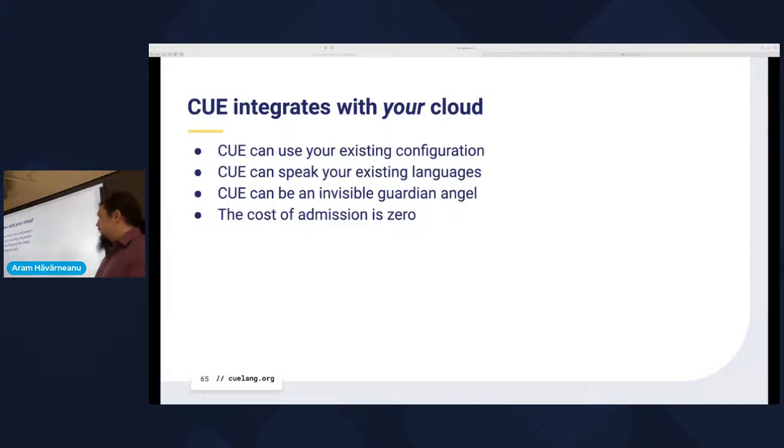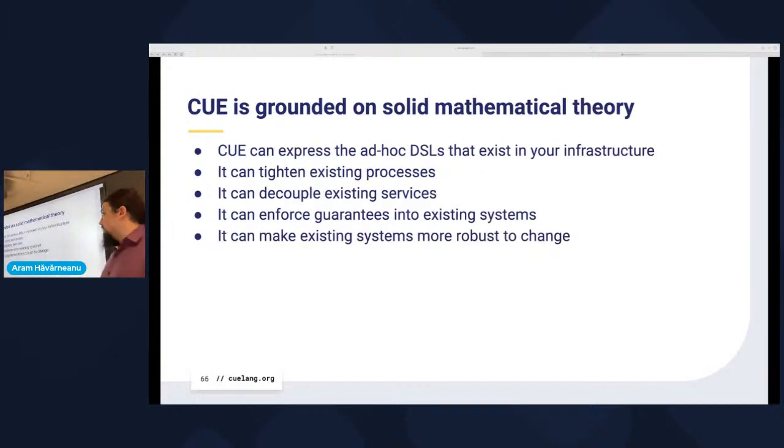It can use that, and again, the output of Q can also be those languages. So basically, there's no cost in just trying out Q, because you don't have to change your infrastructure at all. You can just try it, and it can be like the invisible guardian angel that just takes care of the consistency of your infrastructure.